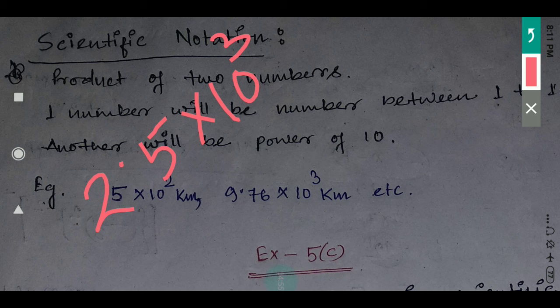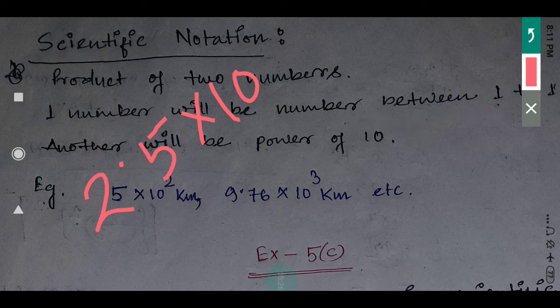See, 2.5. Is this number between 1 and 10? Yes, 2.5 is between 1 and 10. It is not mentioned that this number should be a whole number or natural number; nothing like that is mentioned. It just says that the number is between 1 and 10. So between 1 and 10 you can take any number: decimal, integer, rational, all numbers, but it should be between 1 and 10.